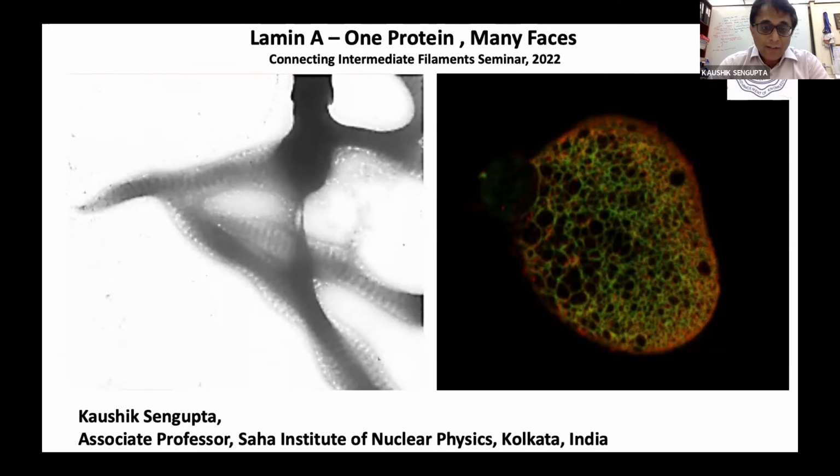One is the paracrystal from the transmission electron microscope from my postdoc days at Professor Goldman's lab at Northwestern, and the other one is the image from my lab. This is a super resolution image of lamin A and B in C2C12 cells, which are absolutely fascinating. I'm really fascinated with the lamins.